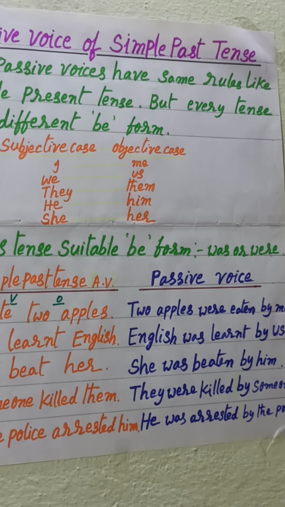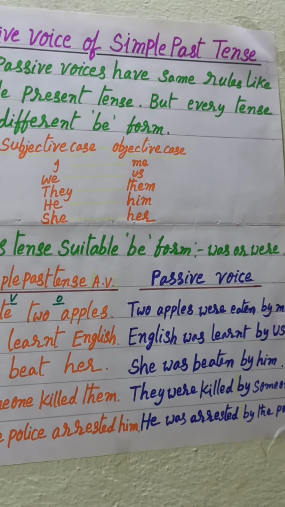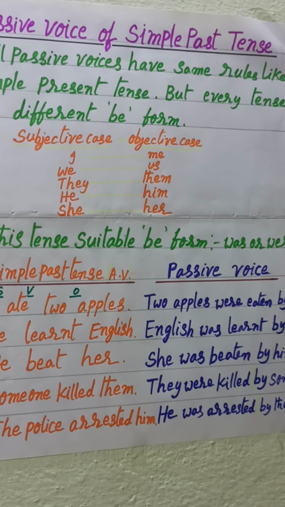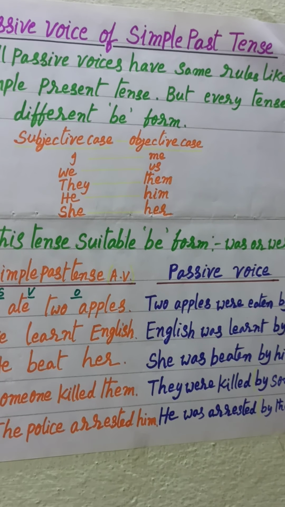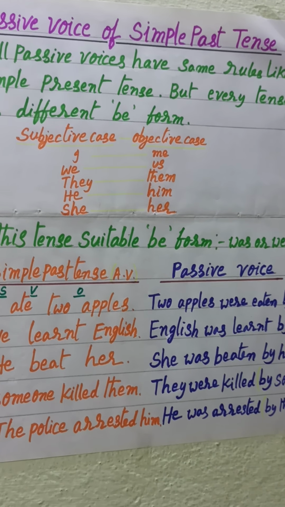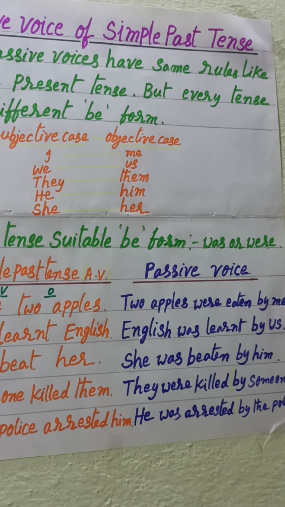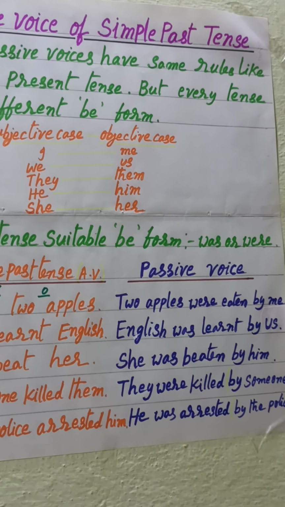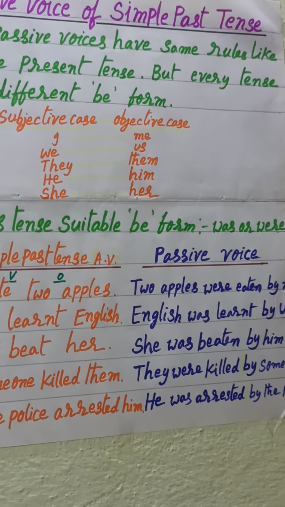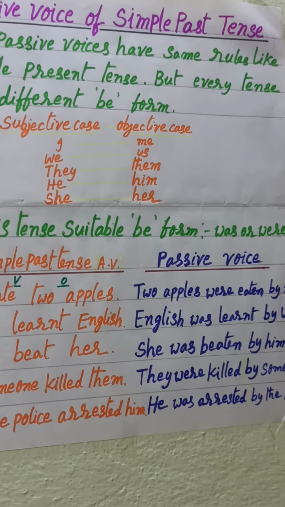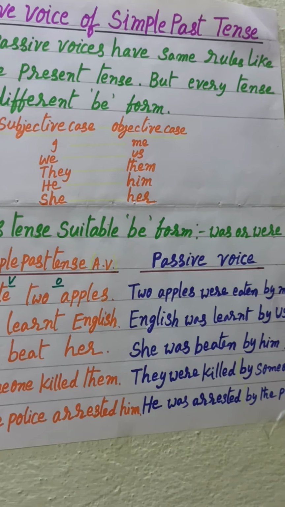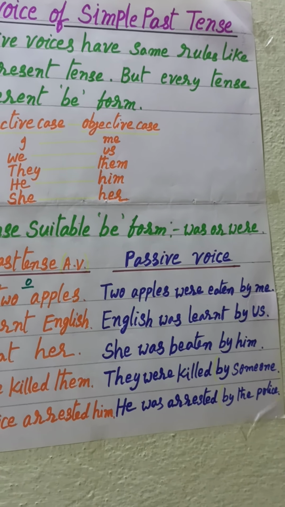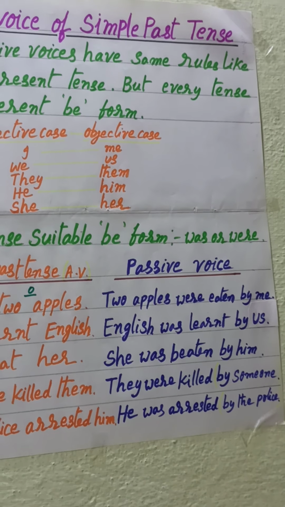Here also by us is not needed. For example, next we shall try to learn Hindi. So we say only English was learnt. Next we shall try to learn Hindi. That is enough. By us need not be said.